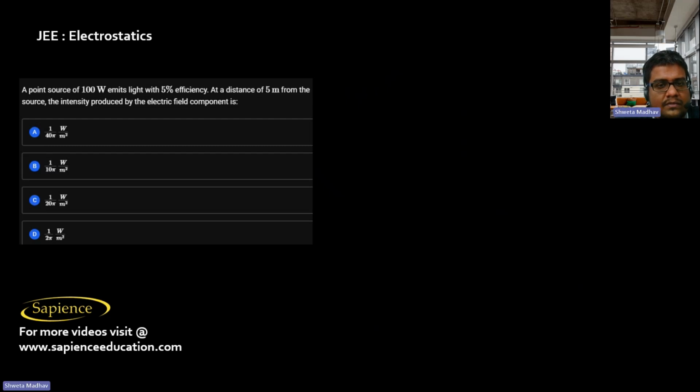At a distance of 5 meters from the source, the intensity produced by the electric field component is.